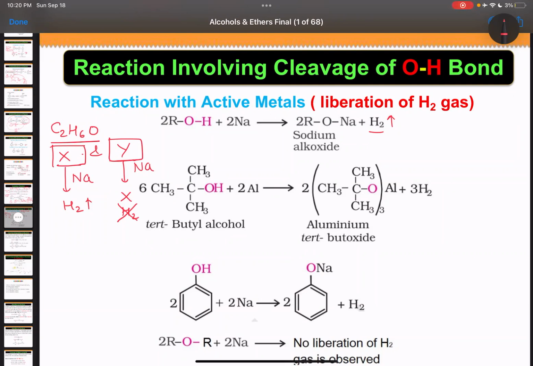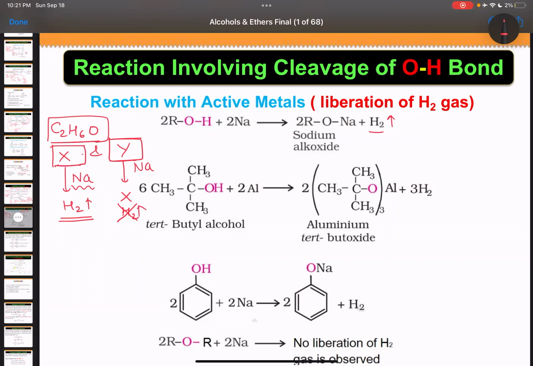Sir, can you please repeat? Yeah, X and Y have the same formula C2H6O. And if you put a piece of sodium in X, it liberates hydrogen gas. And Hanifa, if you put sodium in Y, it doesn't liberate hydrogen gas.